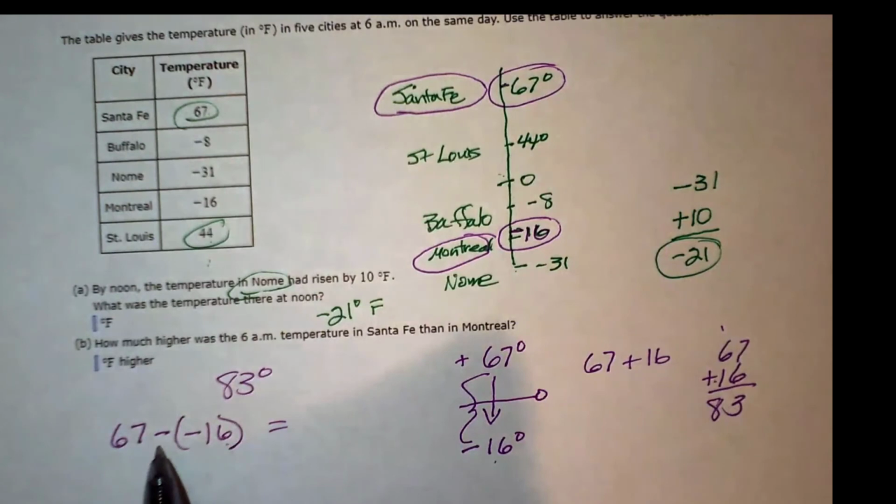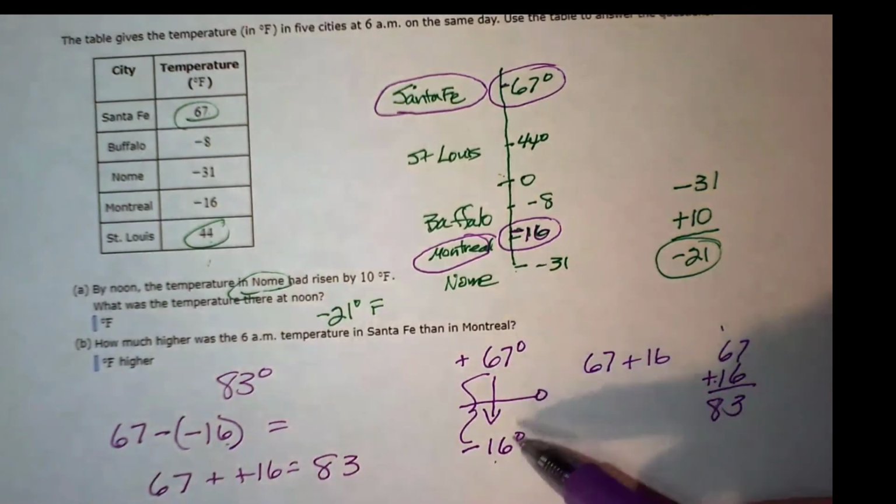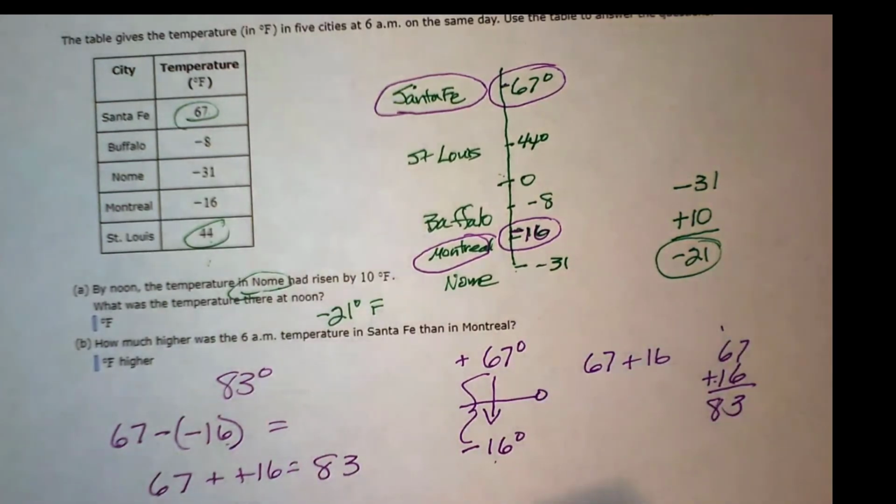Instead of subtracting -16, I'm going to do the opposite. I'm going to add a +16, which is exactly what I did. I did it intuitively, or from the picture here. There, I did it mathematically.